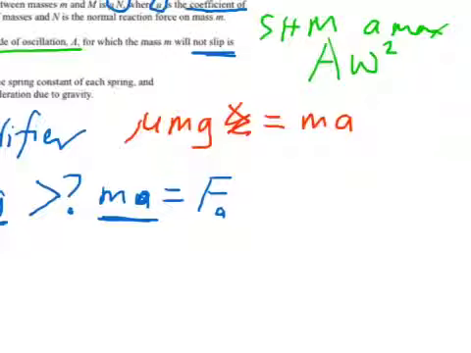Previously you would see this equation with the modifier sine omega t, but we're not interested in that part because we're only interested in the maximum, so that's useful to us.